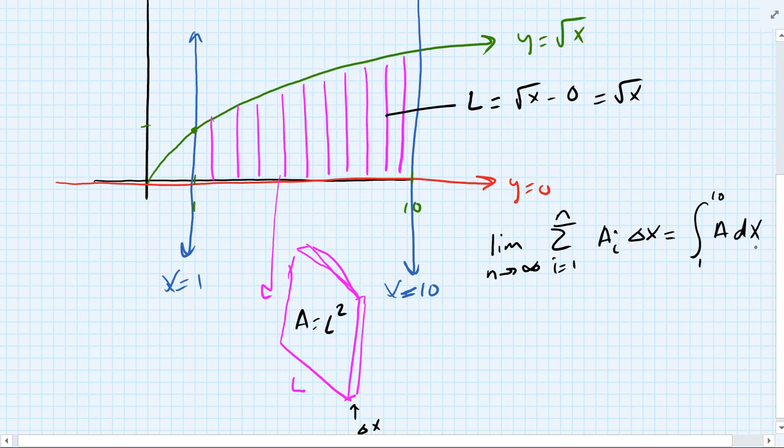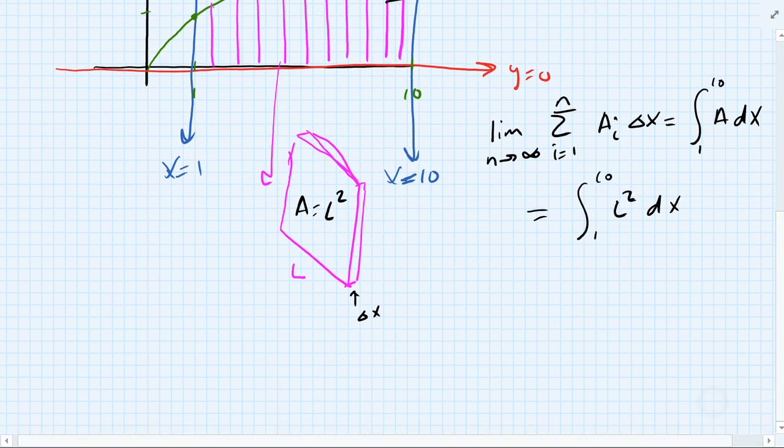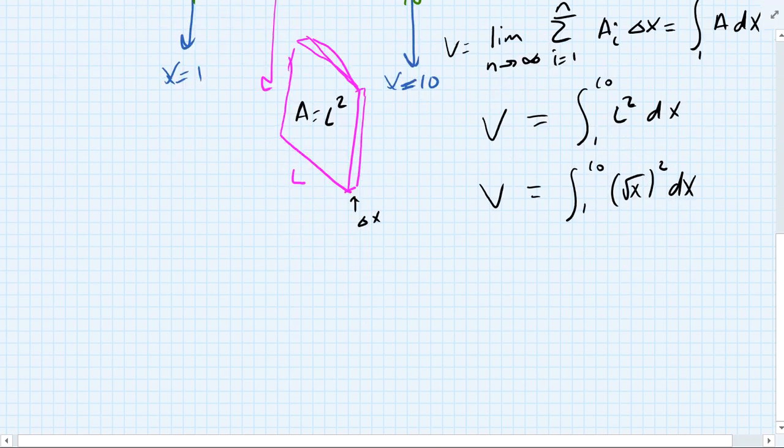And in this case, since it's squares, is that going to be the integral from 1 to 10 of L squared dx? And my L is the square root of x, so it's the integral from 1 to 10 of the square root of x, squared, dx. OMG, does that get any easier?